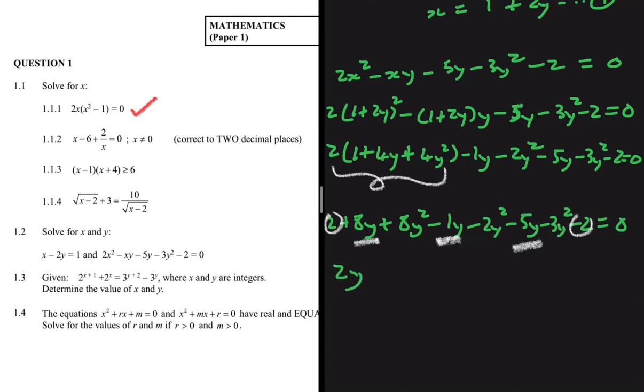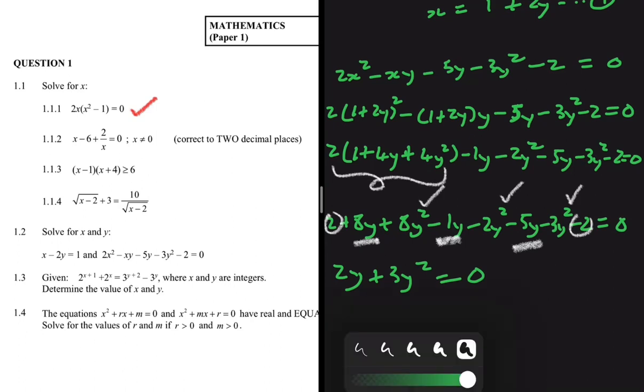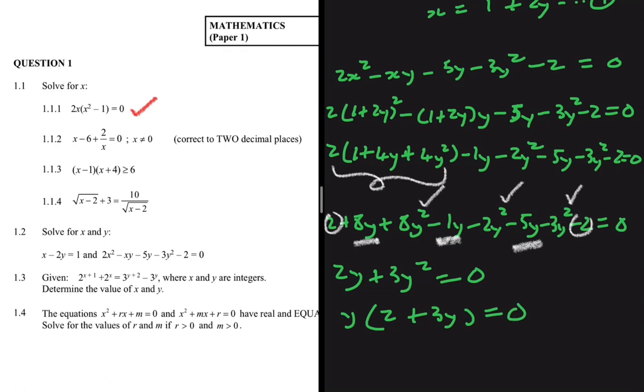And then we have 8y squared minus 2y squared minus 3y squared, that will be plus 3y squared, is equal to 0. So we can take y as a common factor here. If we do that, we have y multiplied by (2 plus 3y) is equal to 0.